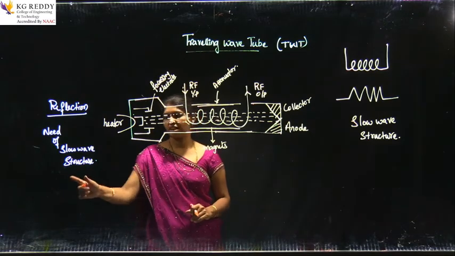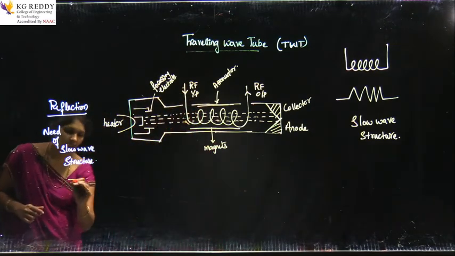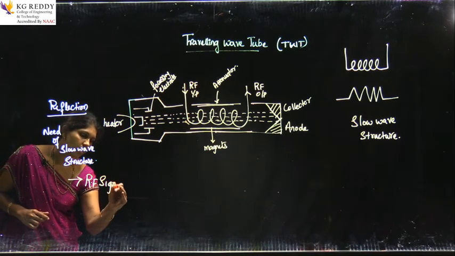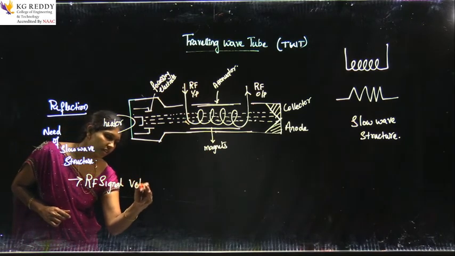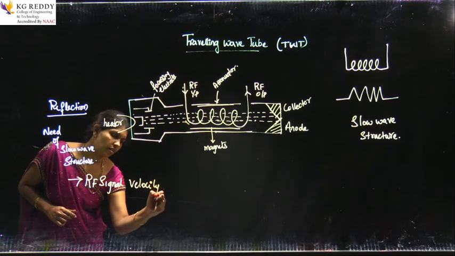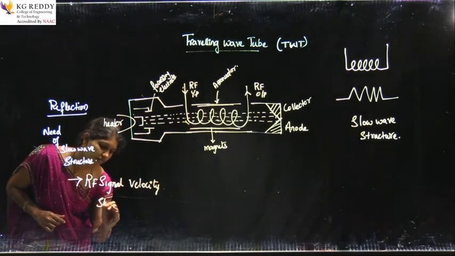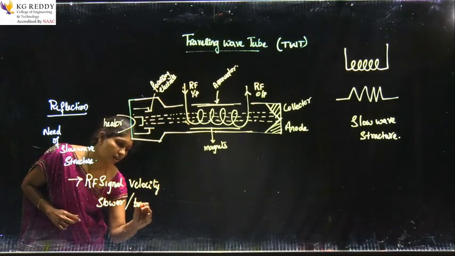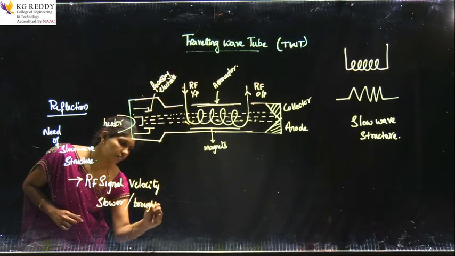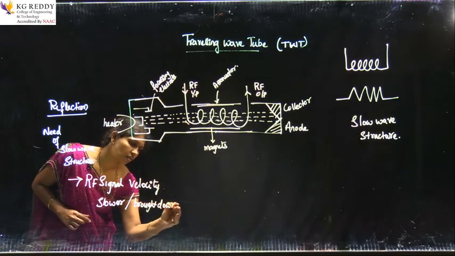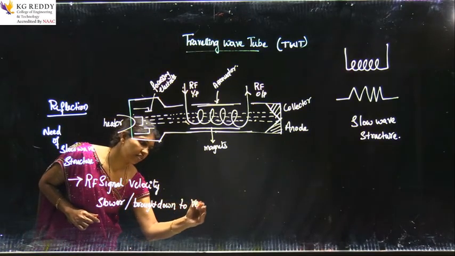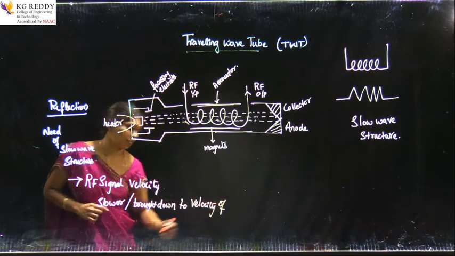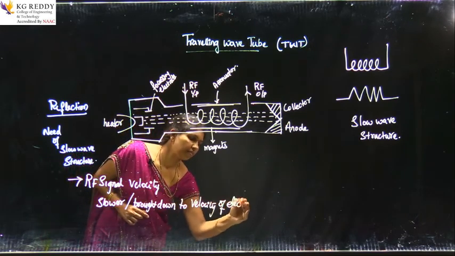The slow wave structures will make the RF signal velocity slower, or they are brought down to the velocity of the electron beam.